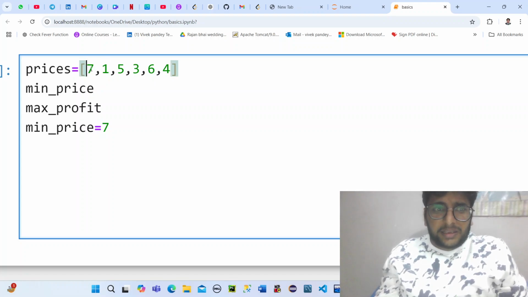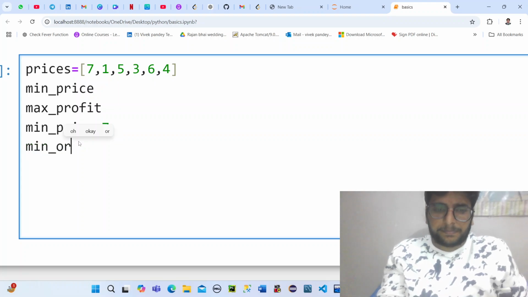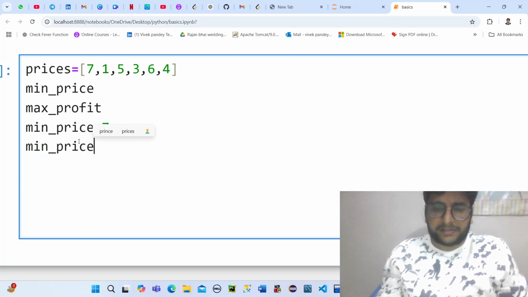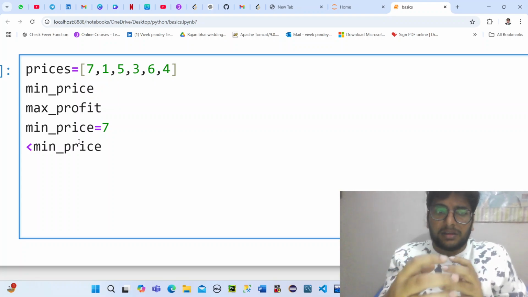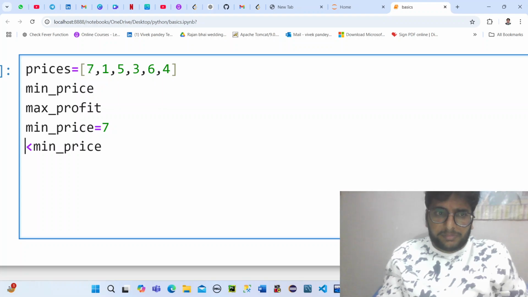So what I mean to say is, if my min price is greater, then what? All of these I'm just considering as price. This is one price, this is another price, like this. So I'm just keeping it as price.